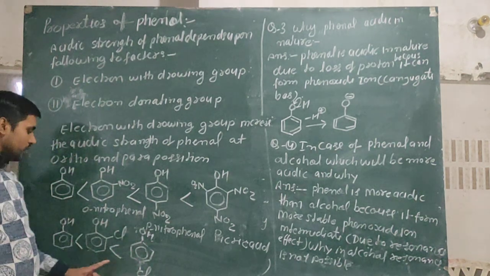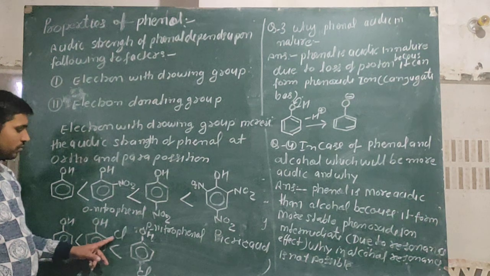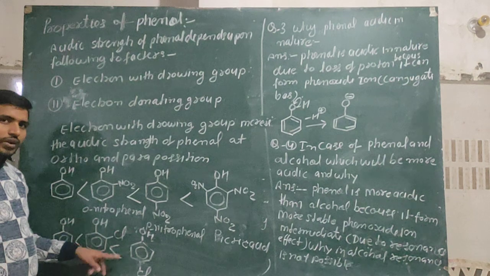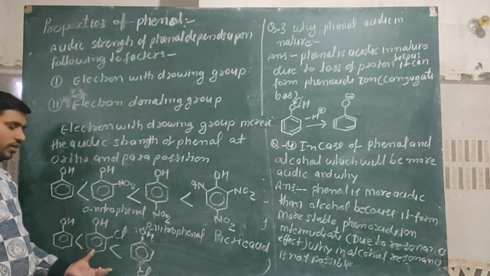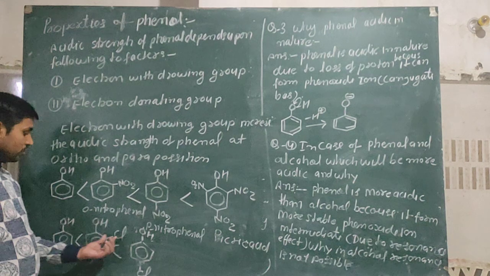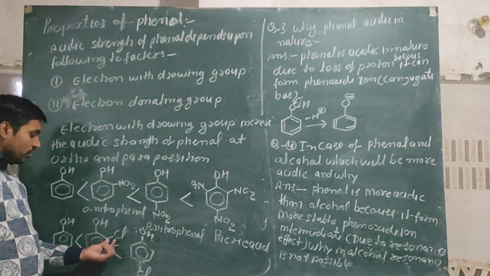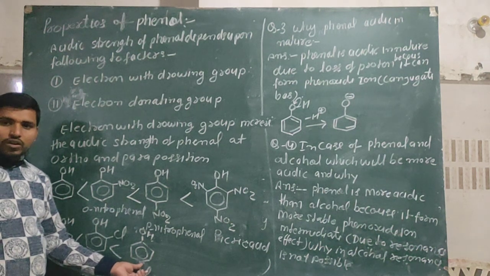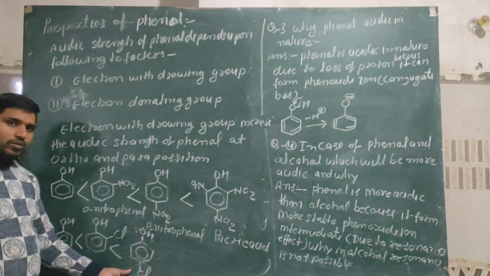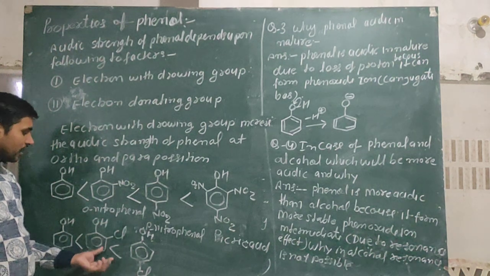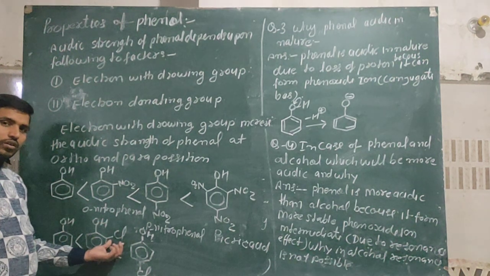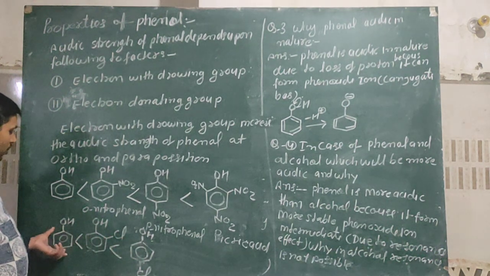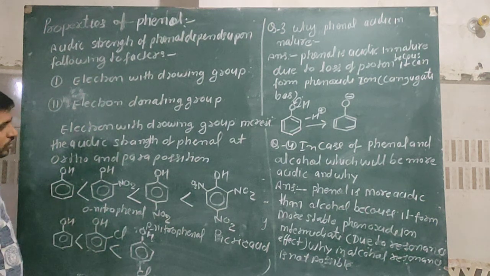This acidity changes as the position of the electron withdrawing group is different, not the same. In this structure, chlorine is toward the ortho position, and here chlorine is present toward the para position of phenol, and the para position of phenol with an electron withdrawing group is more acidic as compared to the electron withdrawing group present toward the ortho position, and phenol is less acidic as compared to this.